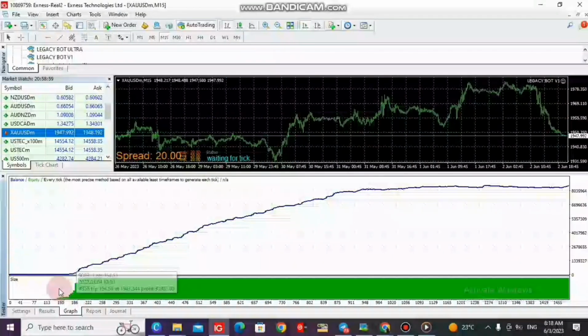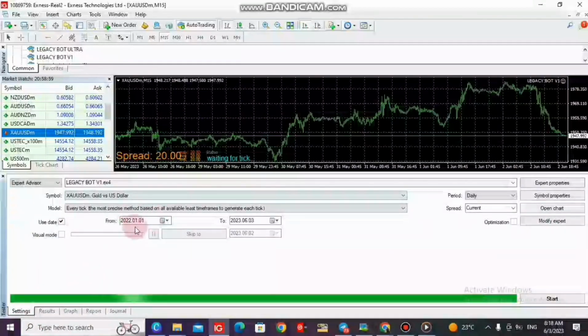So it was a smooth graph. The growth was actually smooth. Yep. So this test was from 1 January 2022 to 3 June 2023.